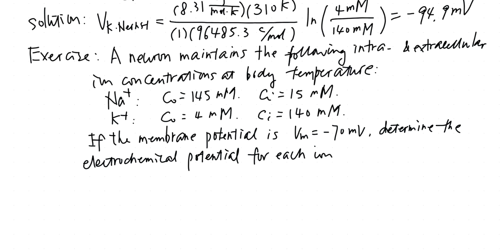It actually means the electrochemical potential difference for each ion. Which ion has a stronger driving force into the cell?